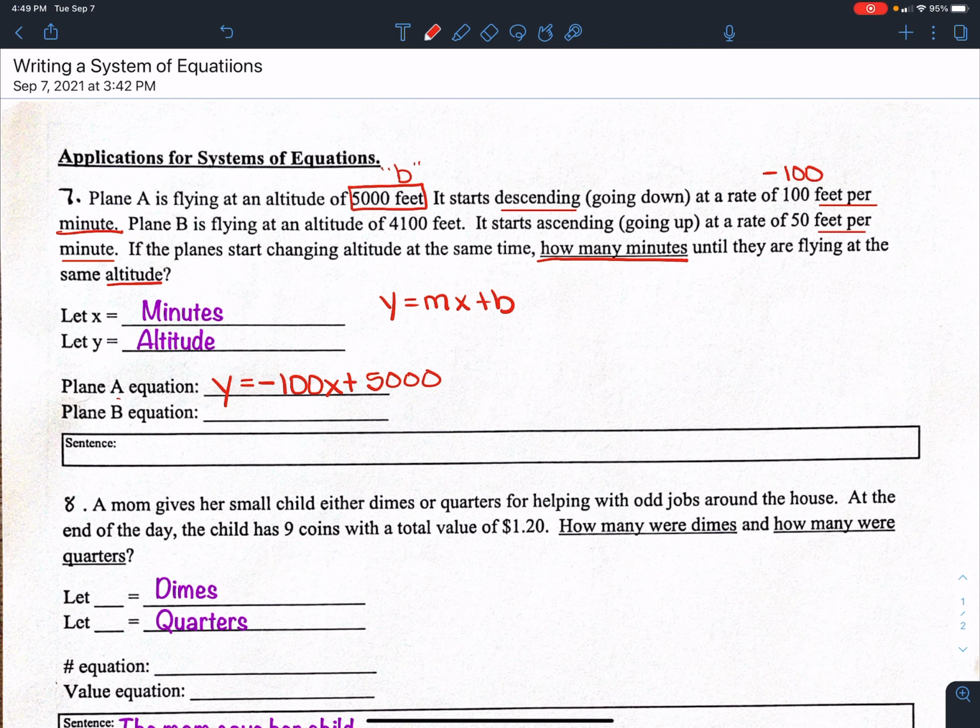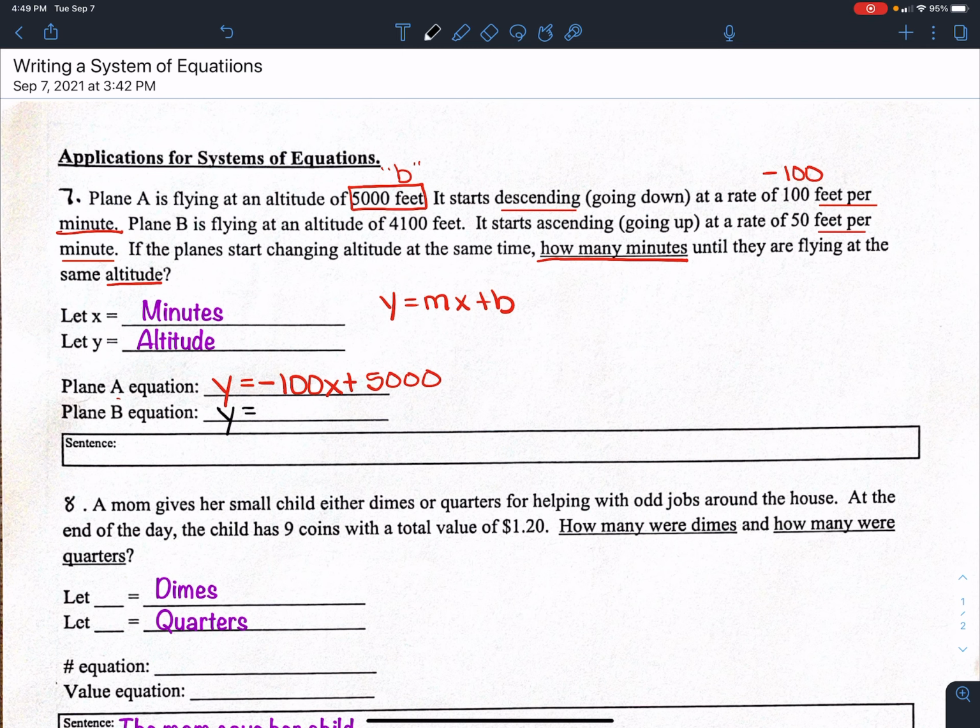Now when we look at plane B, we have to find the height of that one. Their height's going to be the same. That's trying to find out where they're going to intersect. Their height, not the planes.